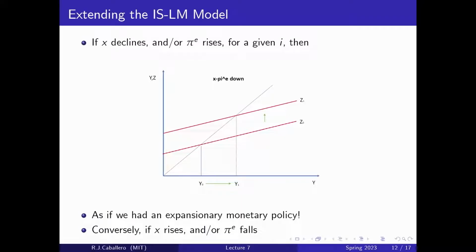Now, what I'm showing you here is what happens in lecture 3 if the credit spread comes down or expected inflation rises for any given nominal interest rate. Then that shifts the ZZ curve up. Why is that?